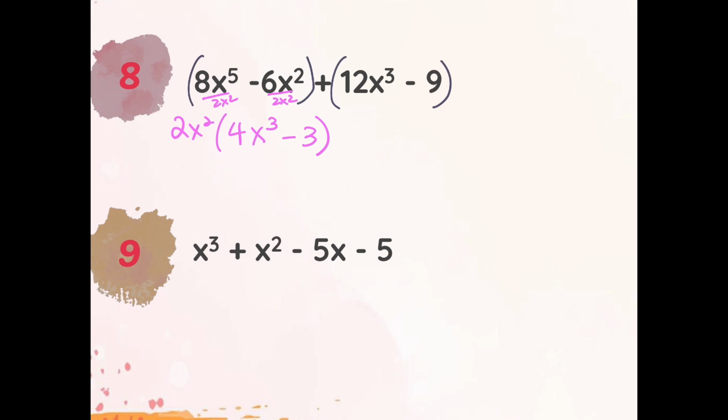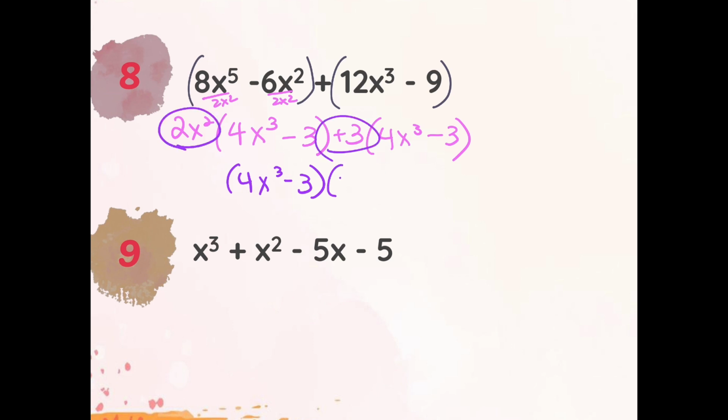What can I take out of 12x to the 3rd and negative 9? 3. Positive 3, 4x to the 3rd minus 3. Are the parentheses a match? Yep, so that comes out to the front. And I group together what's left.